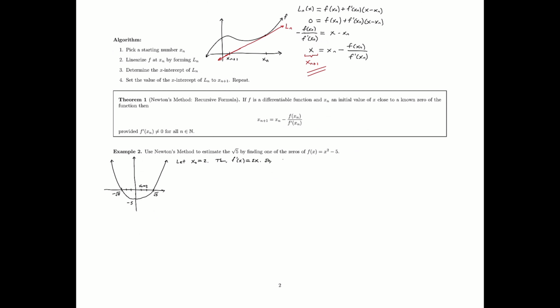So x sub n plus 1 is equal to x sub n minus f prime of x sub n, or not f prime, excuse me, f of x sub n, all over f prime of x sub n, which is x sub n minus x sub n squared minus 5 all over 2x sub n.